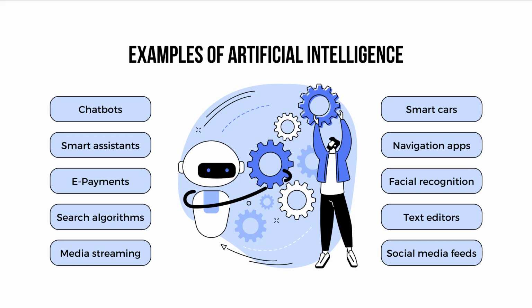The smart cars that are using GPS for self-driving, navigation apps like GPS, facial recognition on tablets and mobile phones, or even when you publish a post with a certain image of your friends, and Facebook or Instagram start recognizing your friends from their faces and start tagging them without asking you or without you even writing their names.